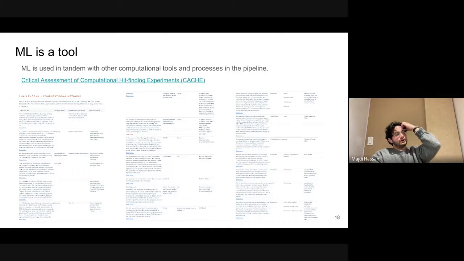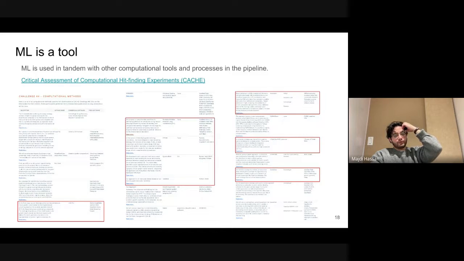And a growing number of these tools, the ones I have highlighted in red, have machine learning involved in them. And in a lot of these cases, you'll see that ML is used in tandem with other computational tools, and it's fascinating. These things working together have helped potentially find a really good hit for a certain target of choice. I forgot what the target was for this challenge.